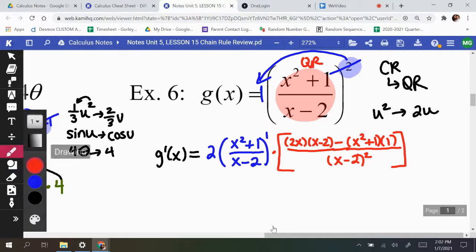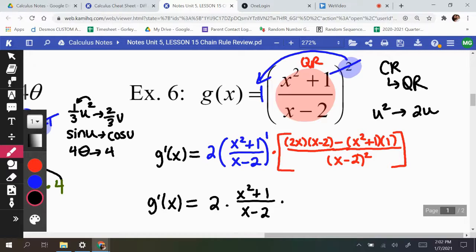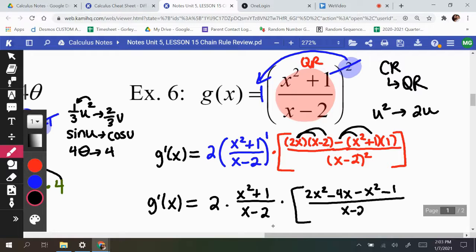Okay, let's go ahead and simplify this now. We have 2 times, we'll say x squared plus 1 over x minus 2 times, let's go ahead and simplify the numerator here. If I distribute 2x through, I get 2x squared minus 4x. Here, if I distribute the negative 1 through, we get negative x squared minus 1 all over x minus 2 squared.